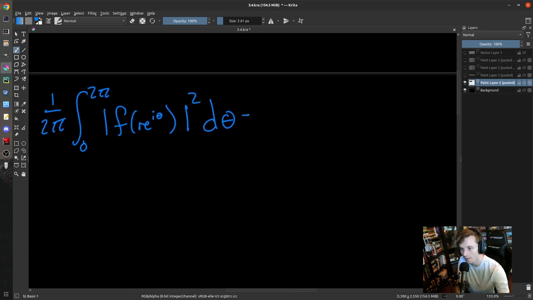Okay, now here's where I think a lot of people maybe didn't know what to do. What we're going to do is rewrite this as f of r e to the i theta times f bar of r e to the i theta, right?